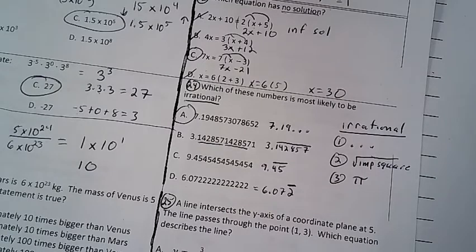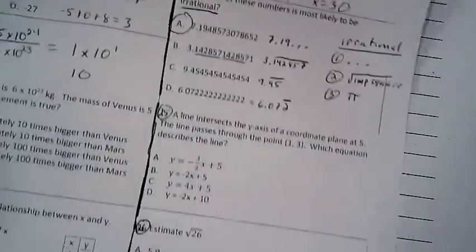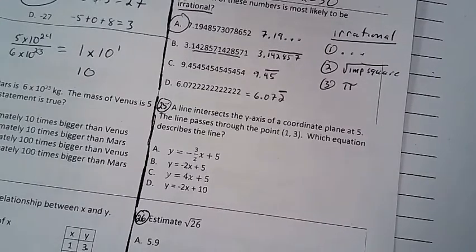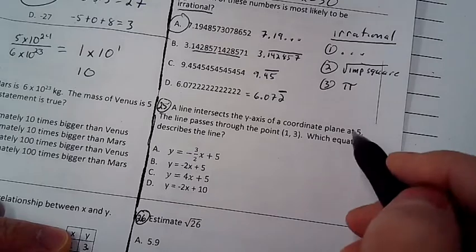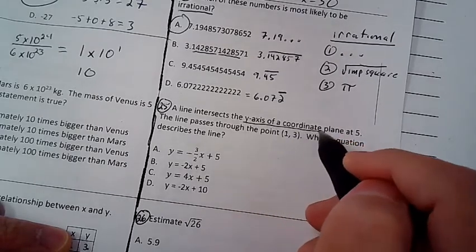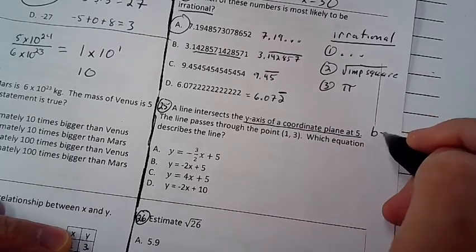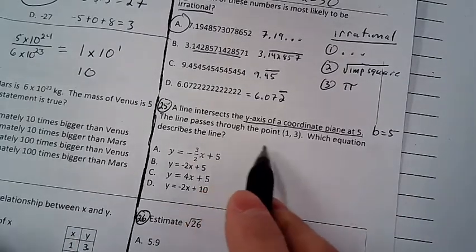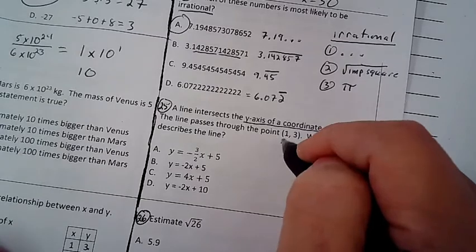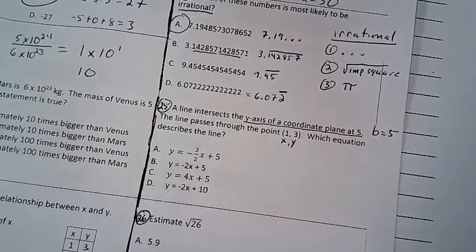All right, number 25. A line intersects the y-axis at a coordinate of 5, so your b here equals 5. The line passes through the point (1, 3); remember, this is x and y. Which equation describes the line?